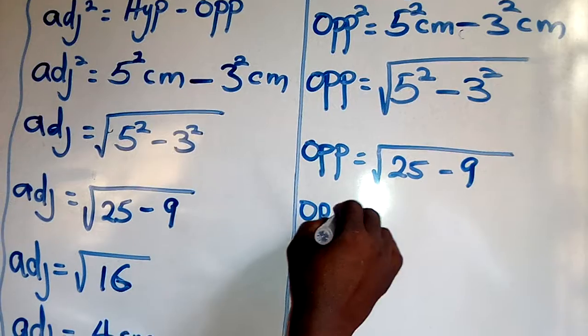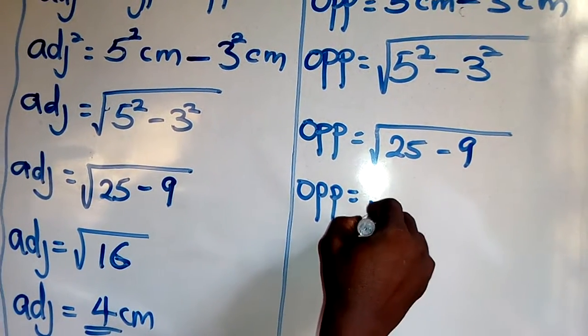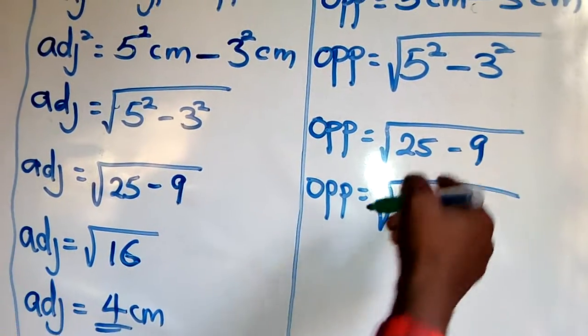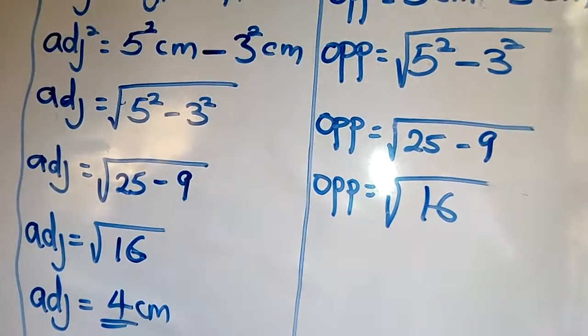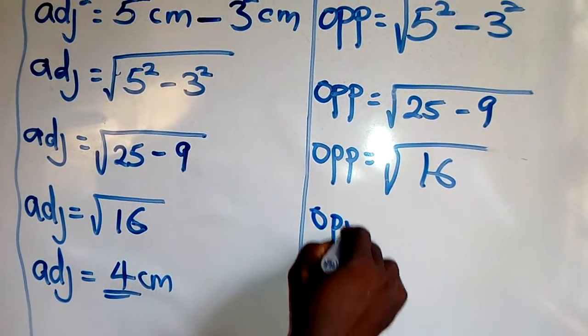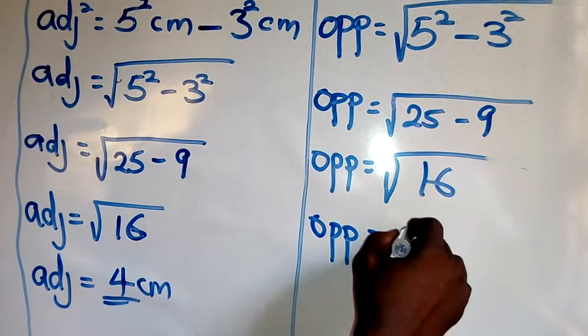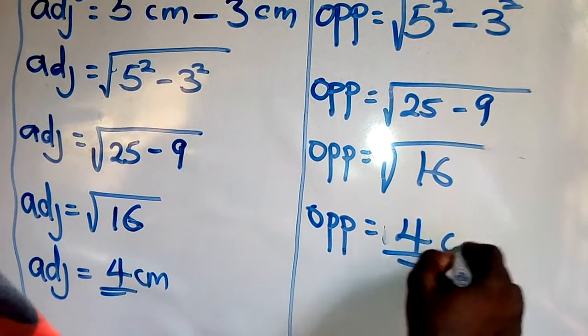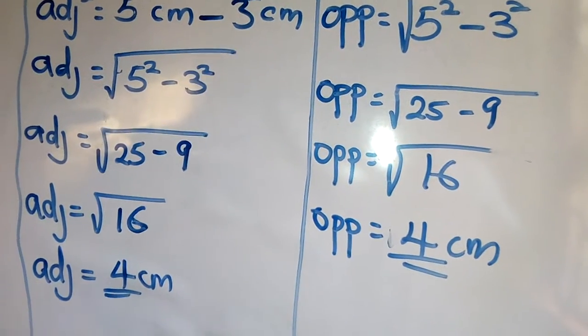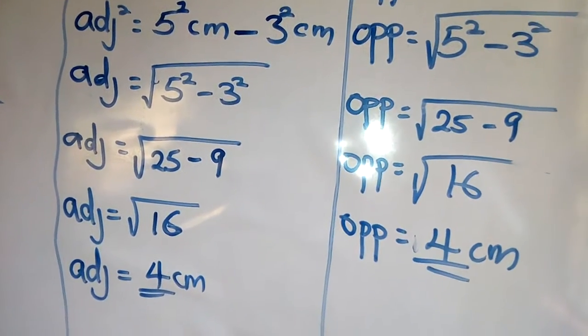Your opposite will now be 25 minus 9, 16. The square root of 16 is 4. So you are having 4 centimeters. You can compare the two together.